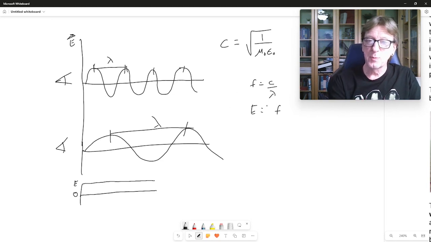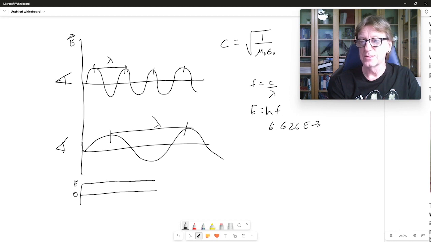And then the constant of proportionality is Planck's constant, which comes out of quantum mechanics, and that's 6.626 times 10 to the minus 34. And then to get my units to work out, it's got to be joules per hertz. And that's a tiny, tiny number. And that comes about because of quantum mechanics, which we probably won't get into in this particular course.